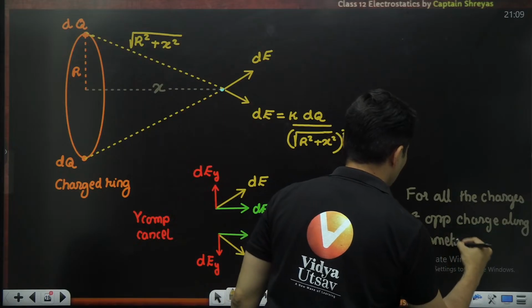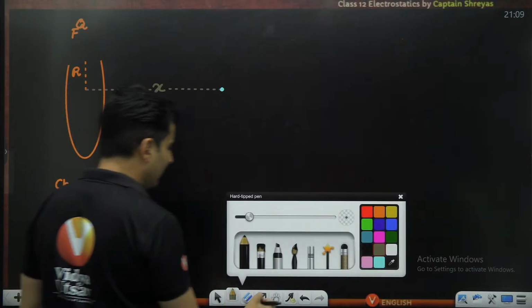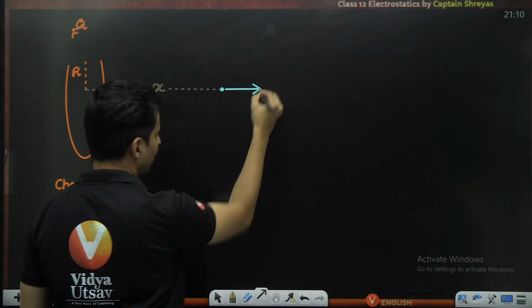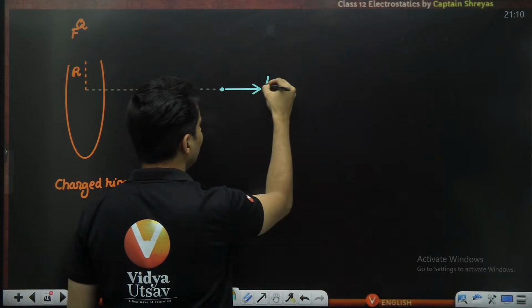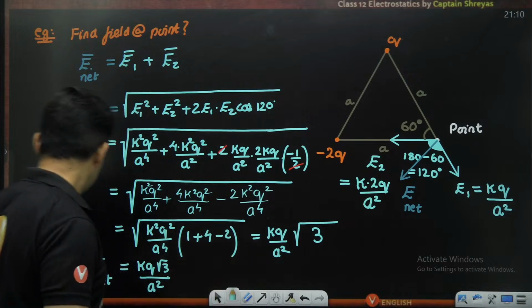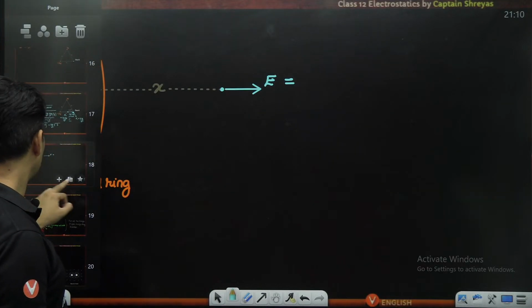So if I try to find the net field over here, can you guess what it will be? It will be the sum.